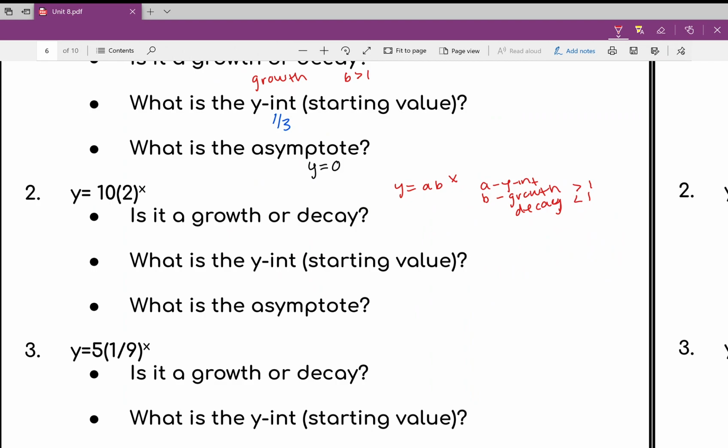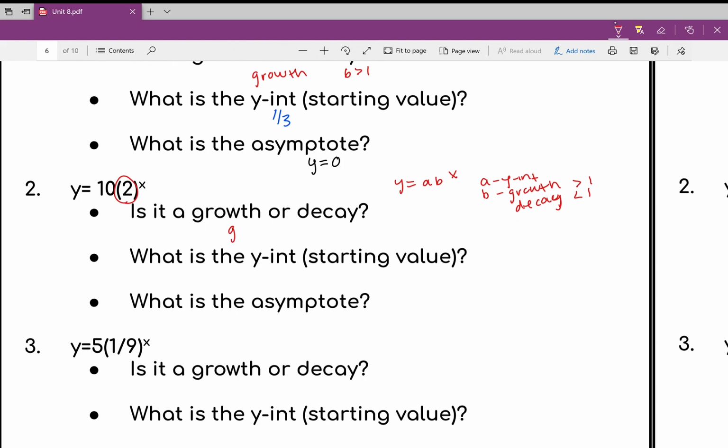We look at the b value, which is here. Since 2 is bigger than 1, it's a growth. Then it says, what is the y-intercept? The y-intercept is the a value, which is 10. And then what is the asymptote? The asymptote is always y = 0.